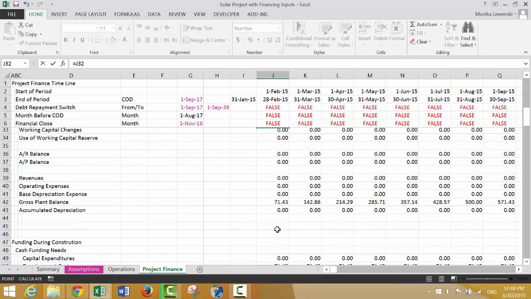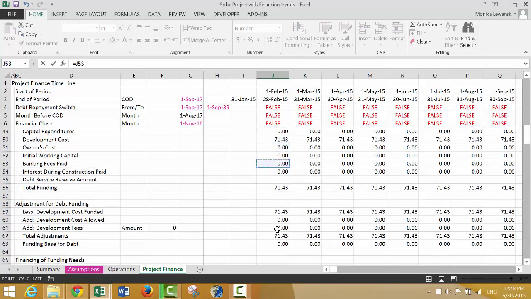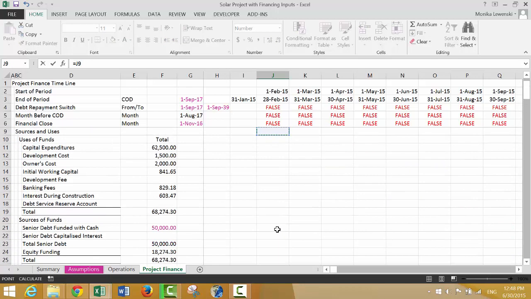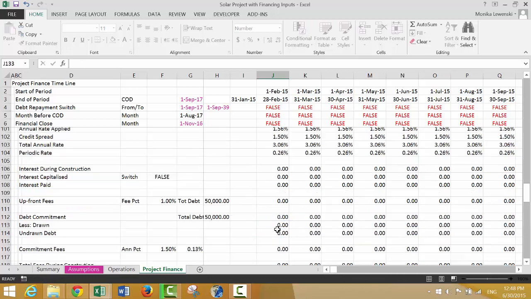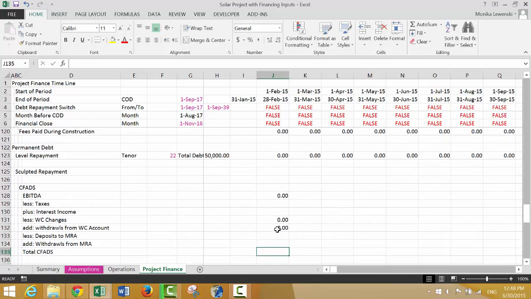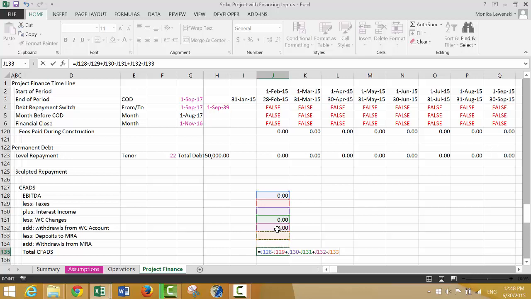These things that are all given shouldn't cause any problems. The problems will occur because of all the other stuff. So this thing that says use of working capital reserve we can put in. Now we better just, I'm not putting these as negatives, so we better subtract the right amounts and add the other amounts. Okay. It took a little bit long.